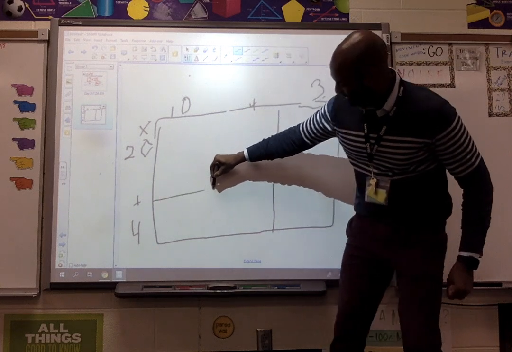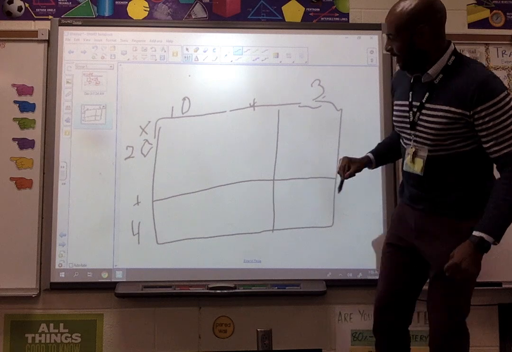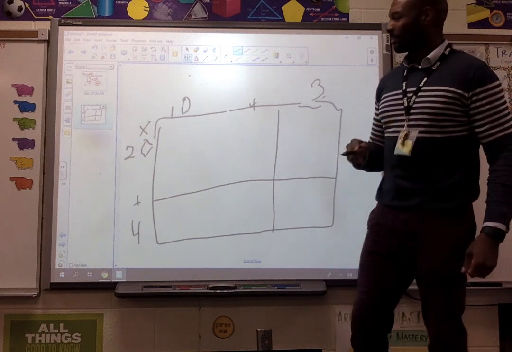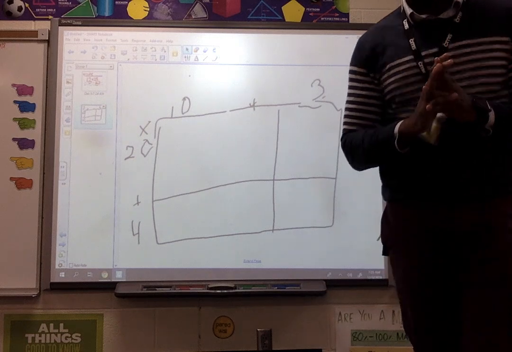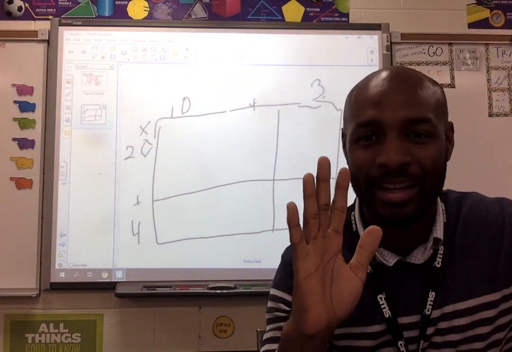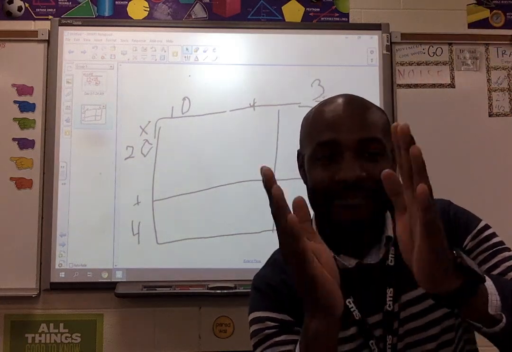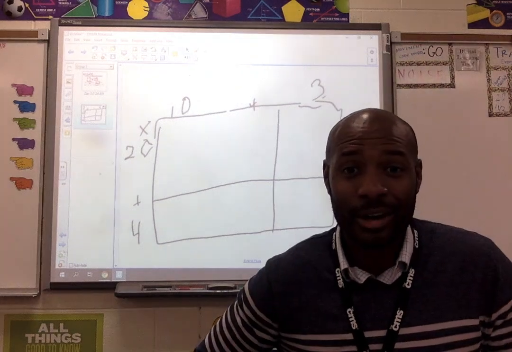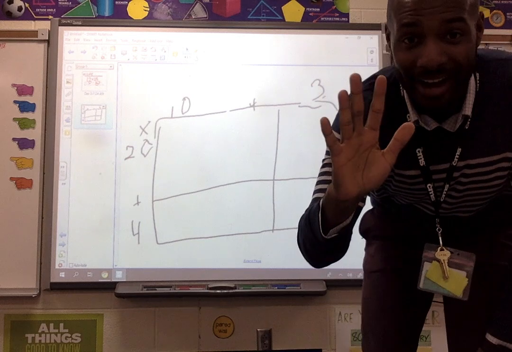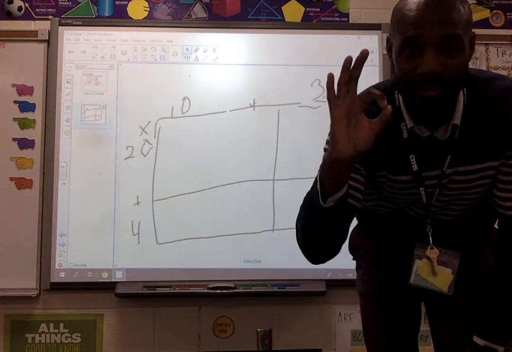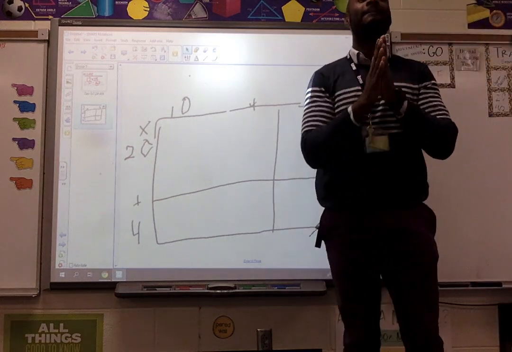Your rectangle should look like this. If it hasn't, I'm going to give you 5 seconds to do it. At the end of 5 seconds, I want you to give me a 5-clap star. So finish up writing. In 5, 4, 3, 2, 1.